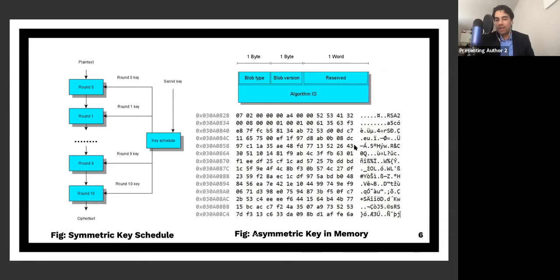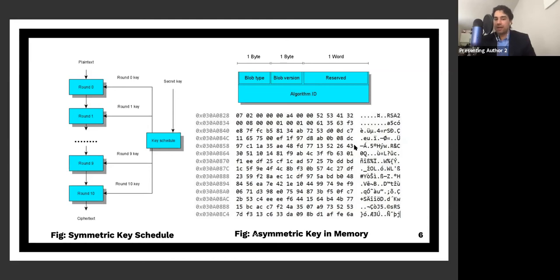Now, unlike symmetric keys, asymmetric keys do have a structure in memory. Sometimes it's a header. For example, in this case, we've depicted an RSA key blob in the Windows context. So in the Windows Crypto API context, this is the blob that you're going to see in memory.